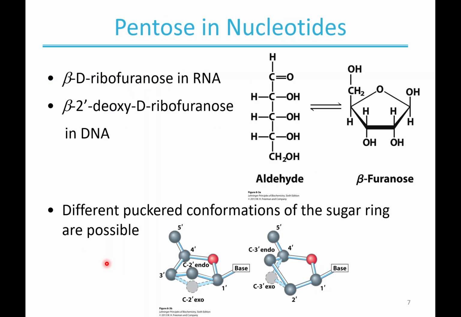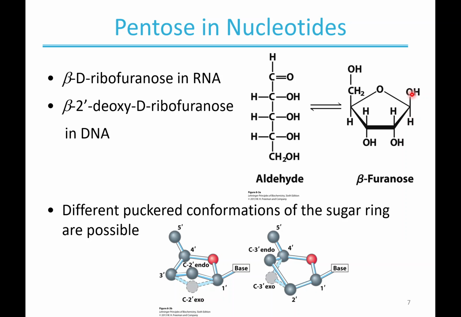As I mentioned, the pentose in nucleotides, the 5-carbon sugar, is ribose. In particular, it's beta-D-ribofuranose in RNA and beta-2'-deoxy-D-ribofuranose in DNA. Furanose just means it's in the 5-member ring form. And beta, remember, means that the OH group at carbon 1, the anomeric carbon, is going to be pointing up.